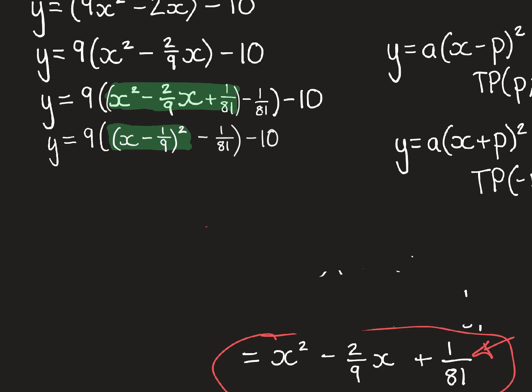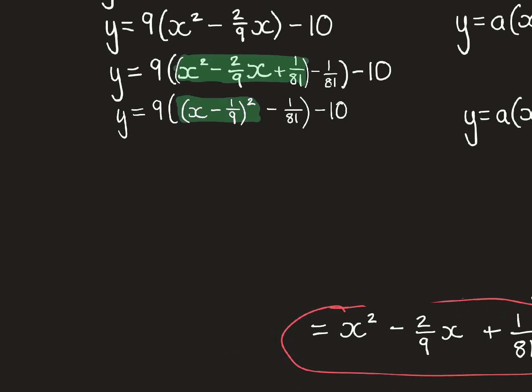So let's just get rid of some mess around there and let's move this over. I'm going to do that by multiplying that 9 into the brackets. So there are two terms that are there. It becomes 9 times x minus 1 over 9 squared minus, 1 over 81 times 9 is going to give me 1 over 9.